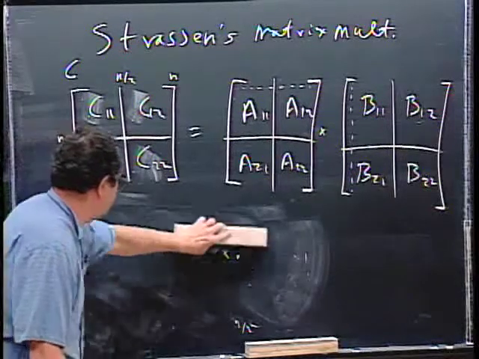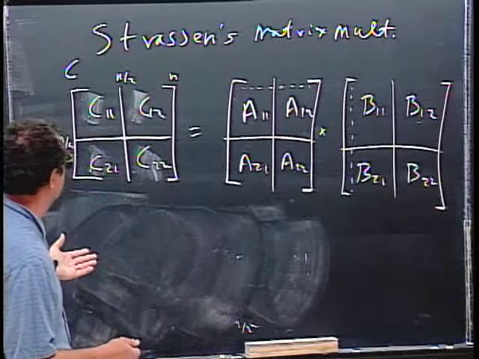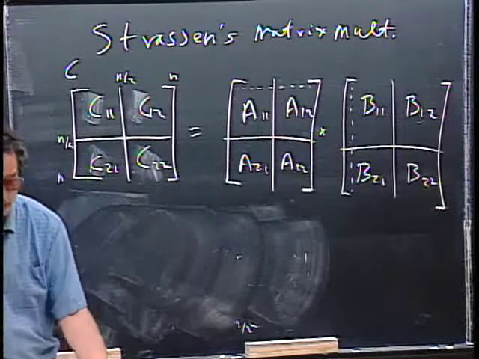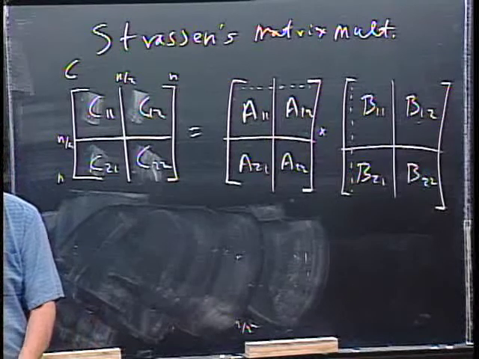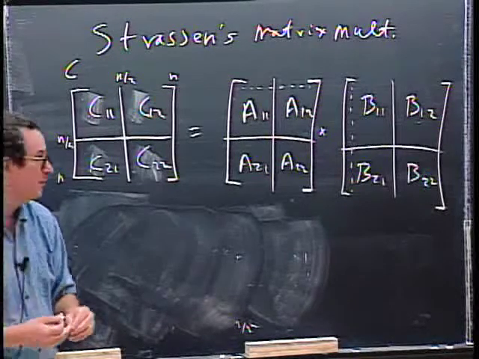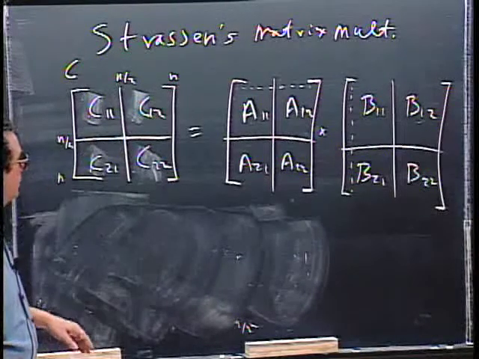So we have a recursive dividing algorithm. It gets down to individual numbers that you multiply together, and we all know how to implement recursion, and therefore how this would work.